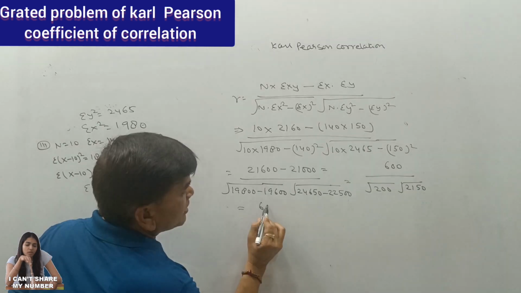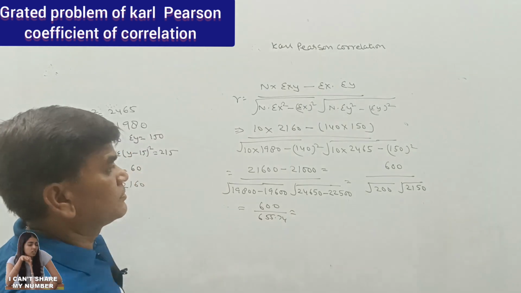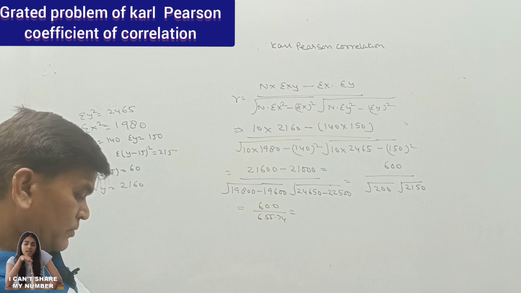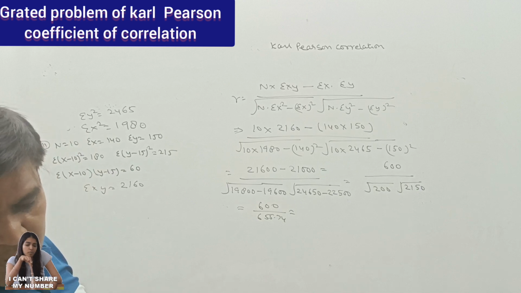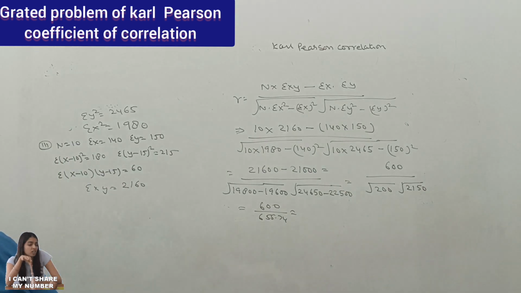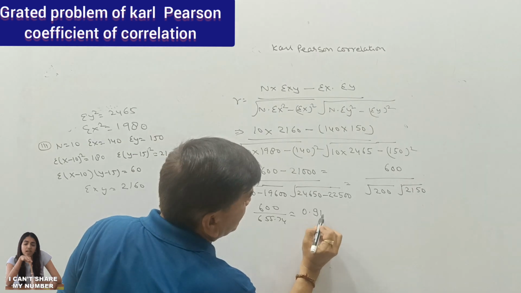So that is 600 divided by 655.74. So we get 0.914. So the value of this will be 0.915. Okay, so we have calculated 0.915.